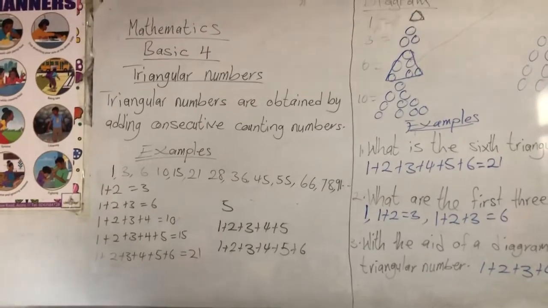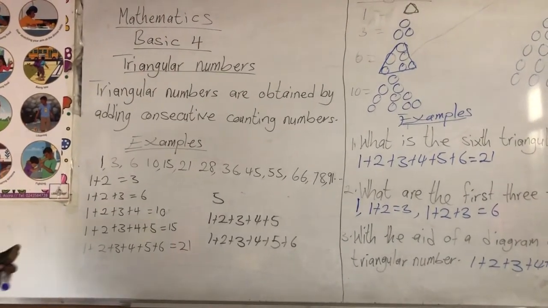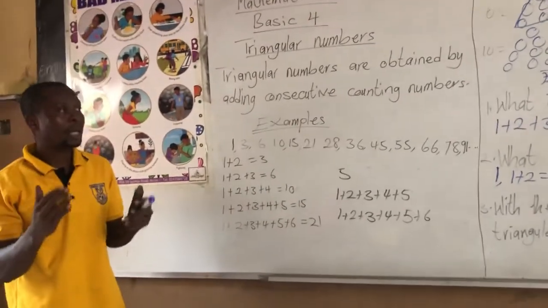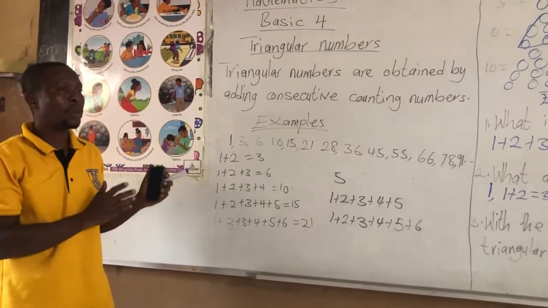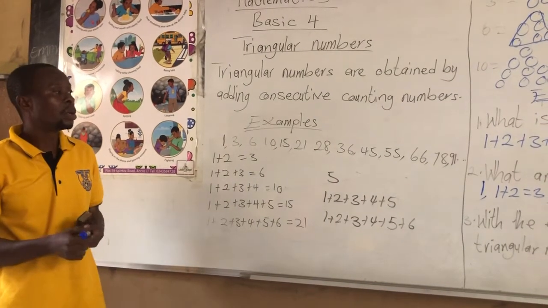So what are we learning today? We're learning about triangular numbers. And we learned that they are obtained by adding consecutive counting numbers. And we learned that counting numbers start from 1. Counting numbers start from 1 up to infinity because you don't have an end for counting numbers.